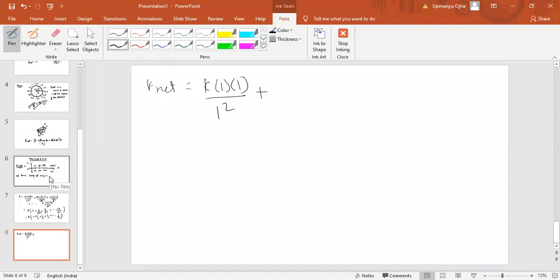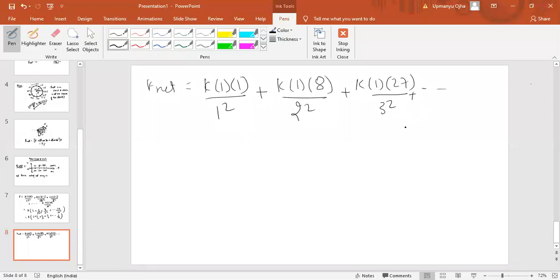Then the force due to the second charge, which is at 2 meter and is 8 coulomb charge, is k into 1 into 8 by 2 square. Similarly, for the third charge, k into 1 into 27 by 3 square, like this, up to k into 1 into 1000 by 10 square. That is the net force acting on the charge which is placed at the origin.